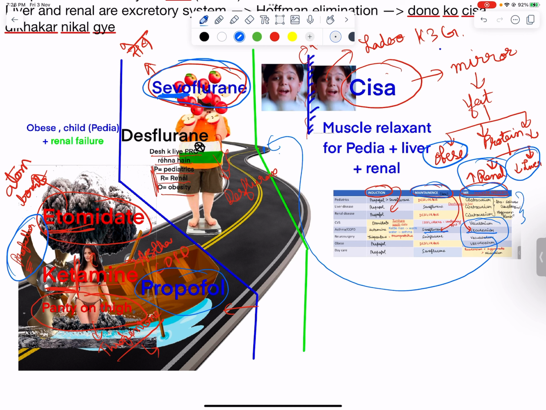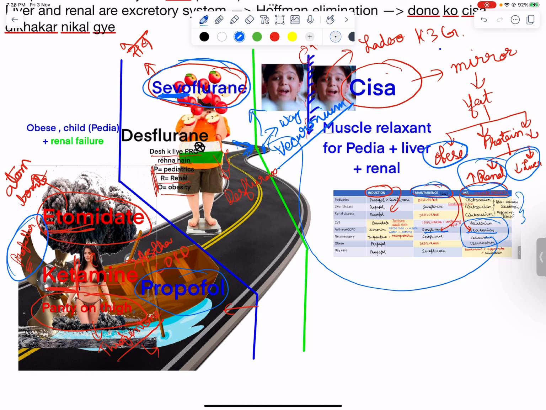And from the muscle relaxant point of view, this is a way that is going to infinity, this black road. So for that we can remember that vecuronium is the default. So one thing, our basic, is clear now: for induction we will use propofol.